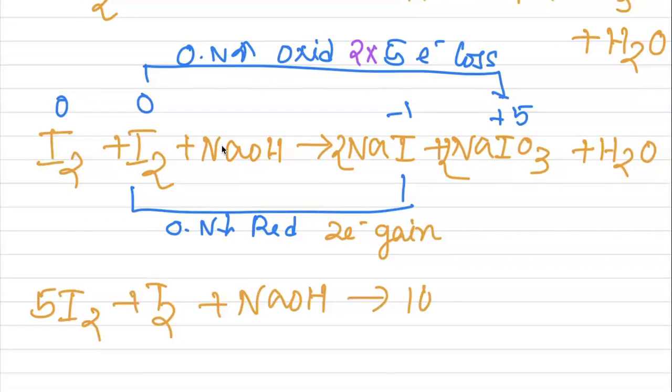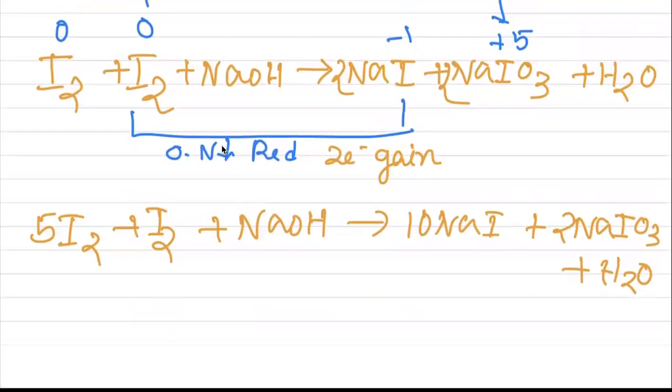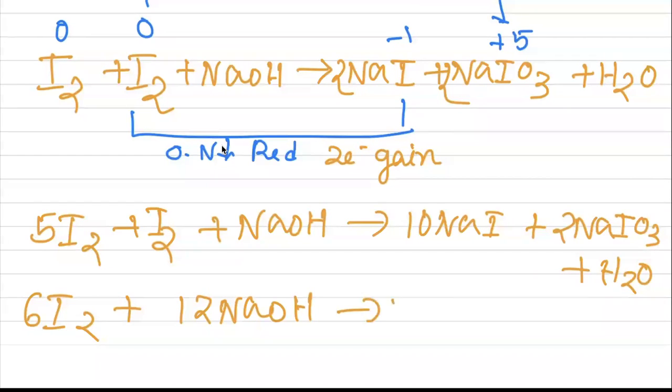It forms 10 NaI plus 2 NaIO3 plus H2O. Now we have to balance sodium. Sodium over here is 12. So 5 I2 plus 1 I2, 6 I2, plus 12 NaOH forms 10 NaI plus 2 NaIO3.